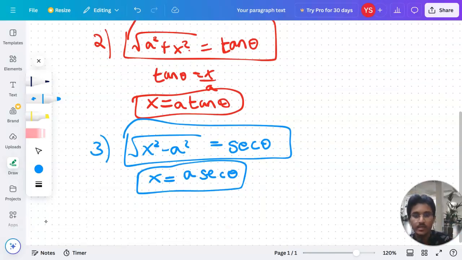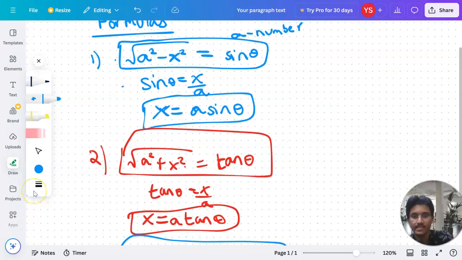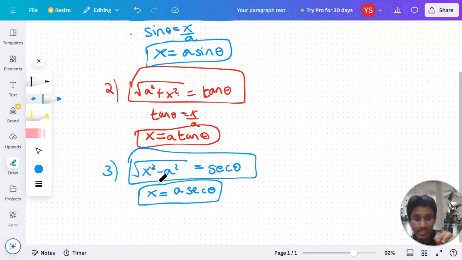And finally, when you get x squared minus a squared, not a squared minus x squared, you switch it around, under a square root, you will be using secant theta. So sine theta, tan theta, and secant theta. These are the only three formulas you need to know to do trig substitution.